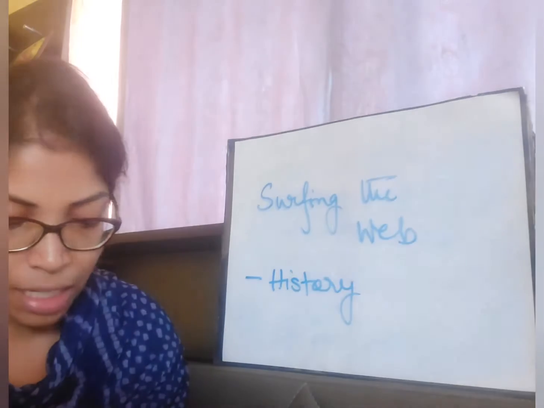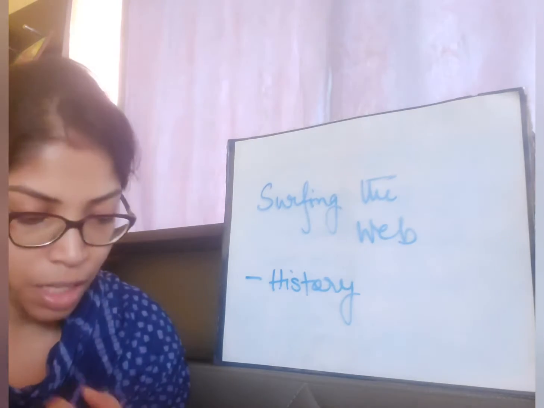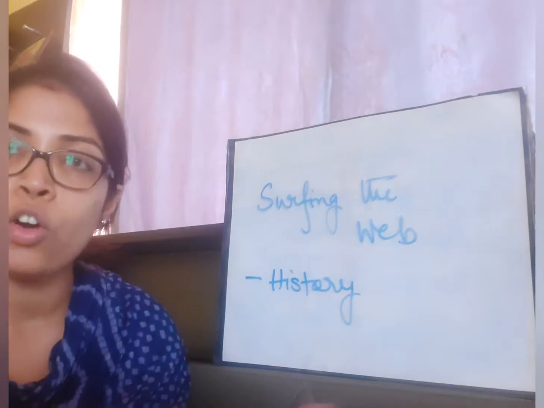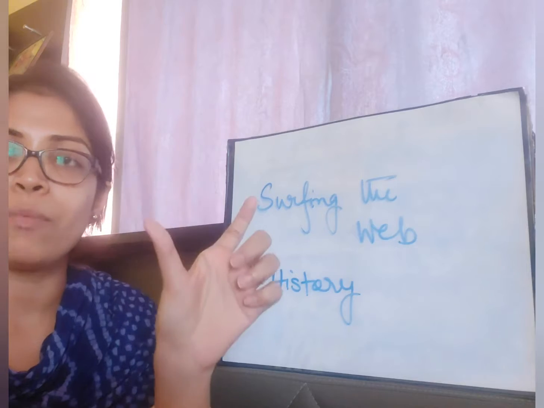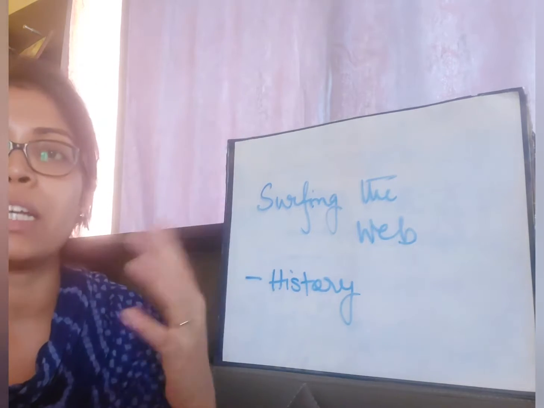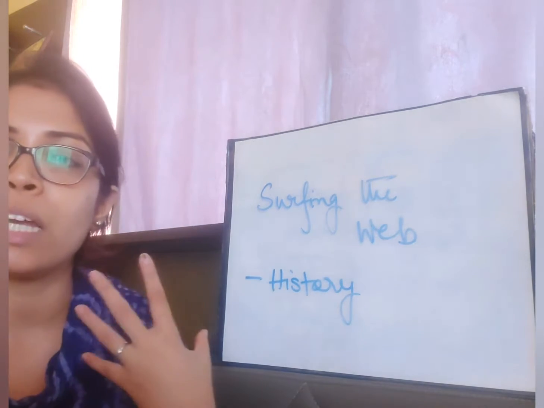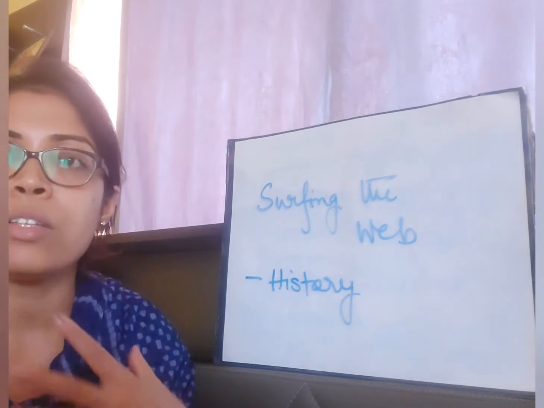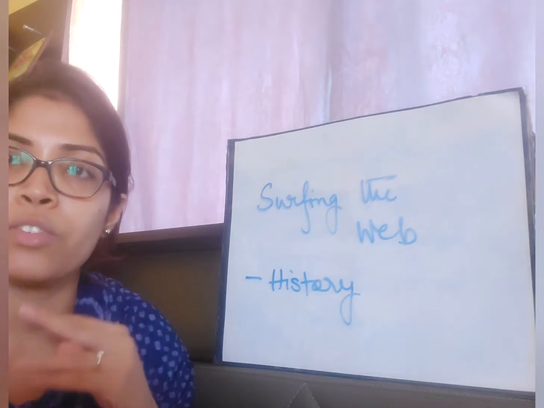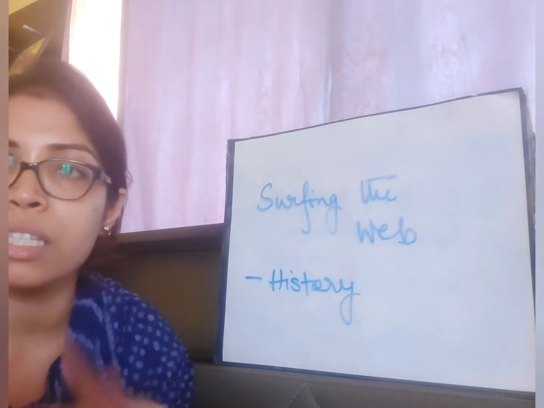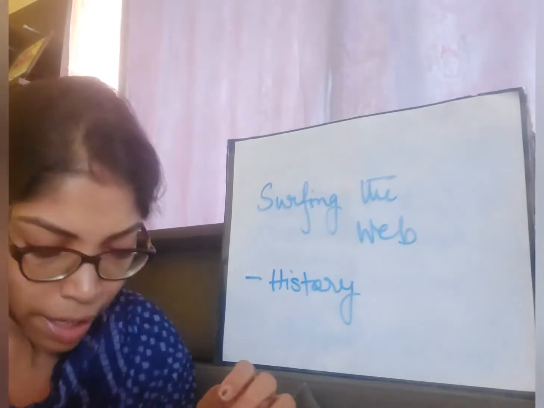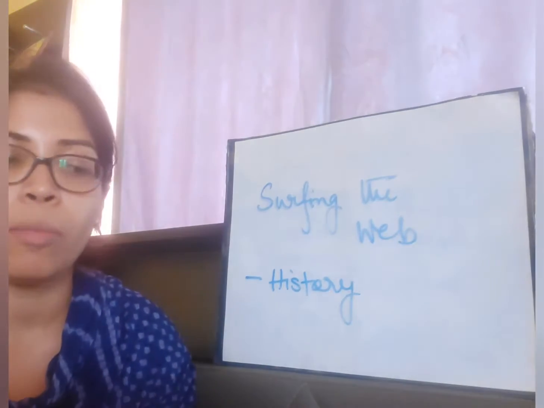Here are a few steps given in the pictures. Basically, as I said already, you go to the history tab, you click on it, and day by day, according to time, you will get all the lists of the web pages and websites visited earlier. Okay, so this is all about this chapter.